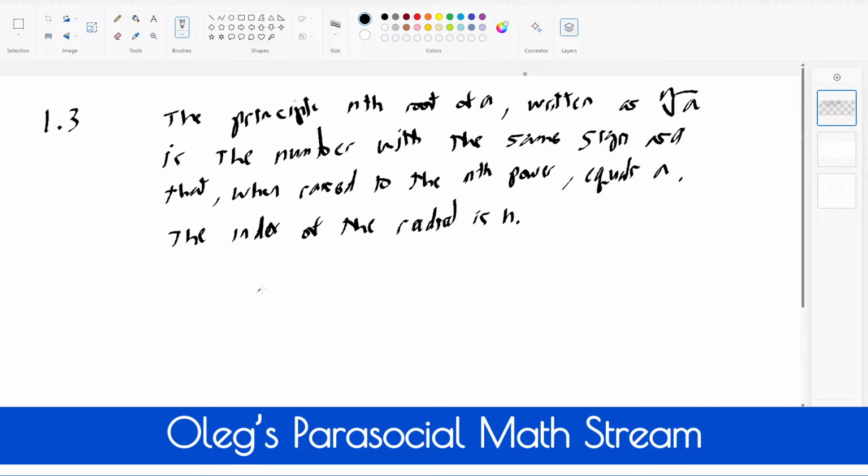I would say root a is the principal one, because root a times root a is equal to a.